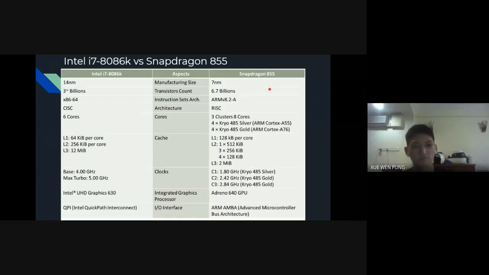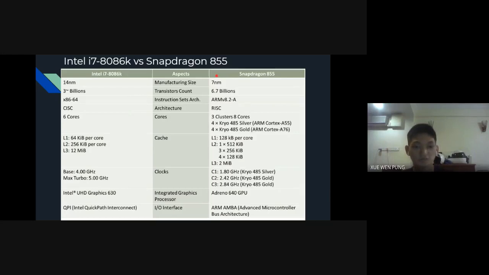8086K. From the first line of the table, you can see that the Intel i7 has a different manufacturing size compared to the Snapdragon 855, which is 14 nanometers and 7 nanometers respectively.